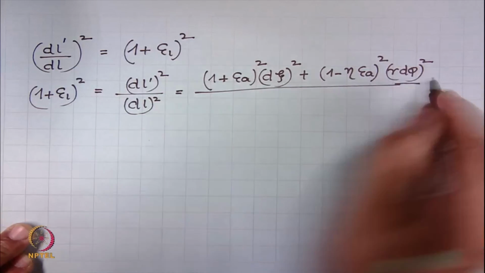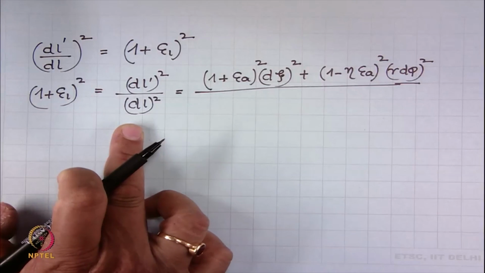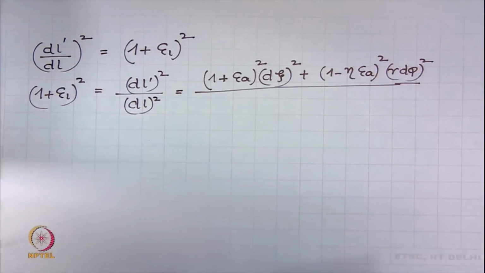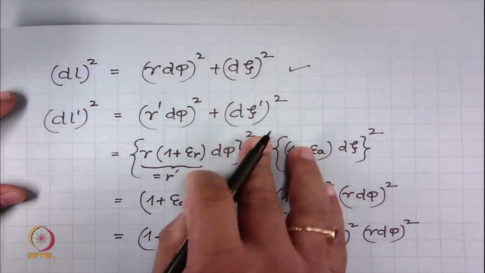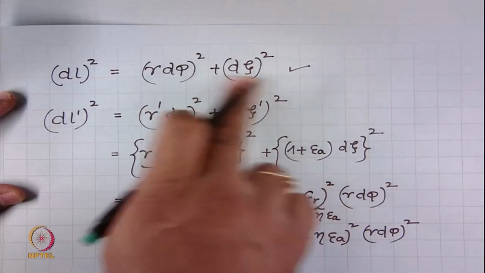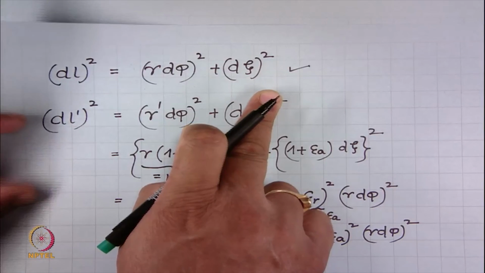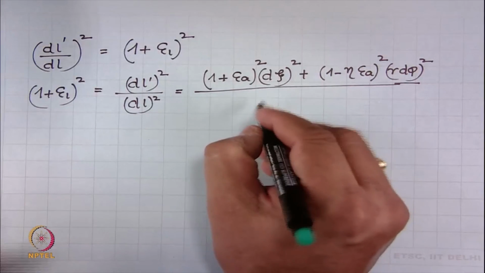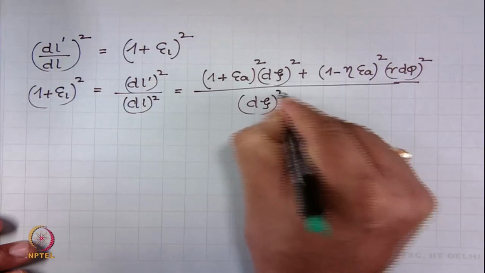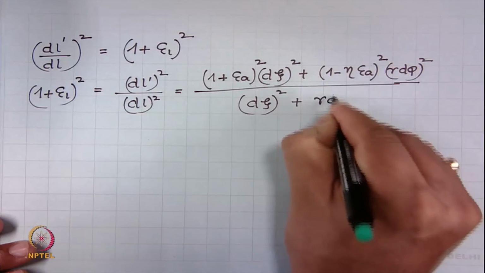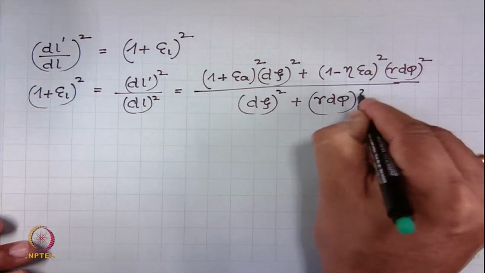In the denominator it is dl square. By using Pythagorean theorem we obtain this relation, we will use this in the denominator. So, we write this as d zeta squared plus r d phi square.